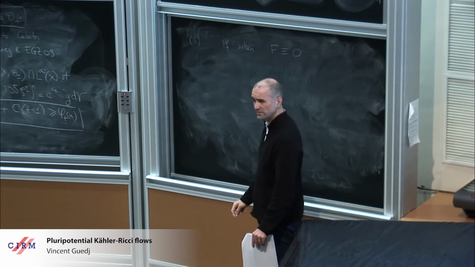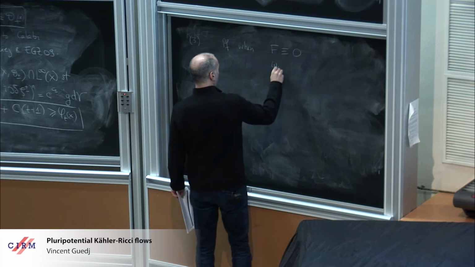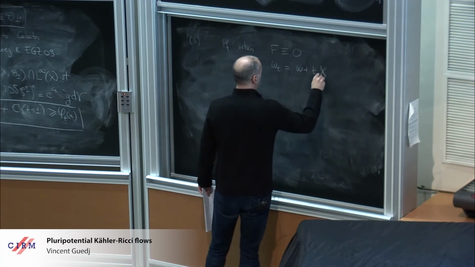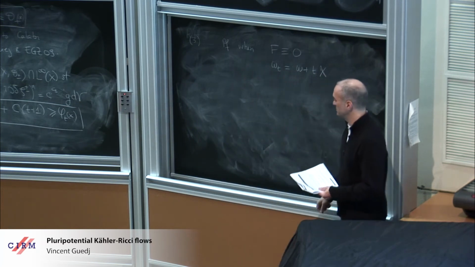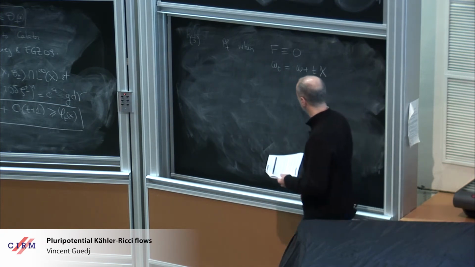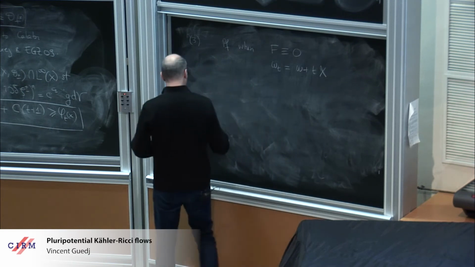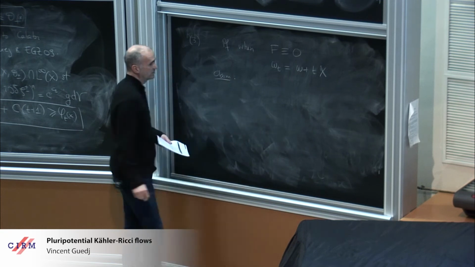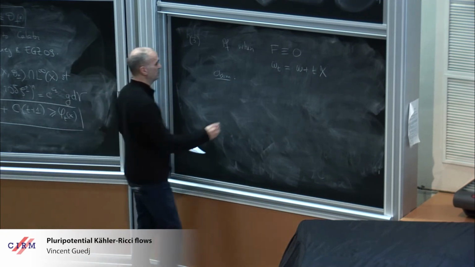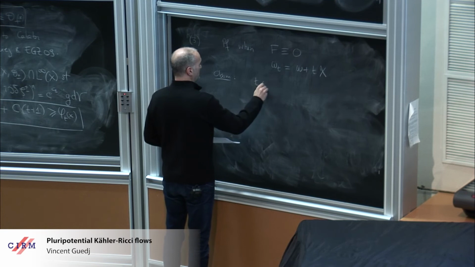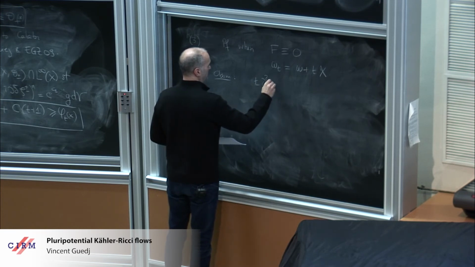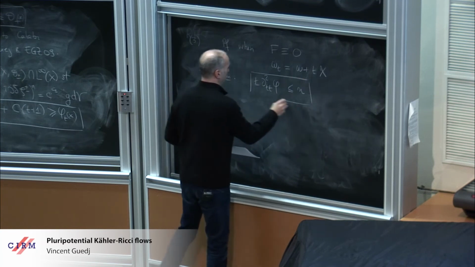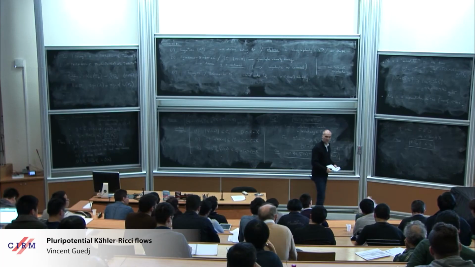This simplifies a bit, but it's still a bit technical, so I will assume, moreover, that omega t is given like this, so it's affine. And in this case, the claim can be made, the estimate is even better, namely that t times the second derivative of phi is less than n. So it's a very precise estimate on the second time derivative.